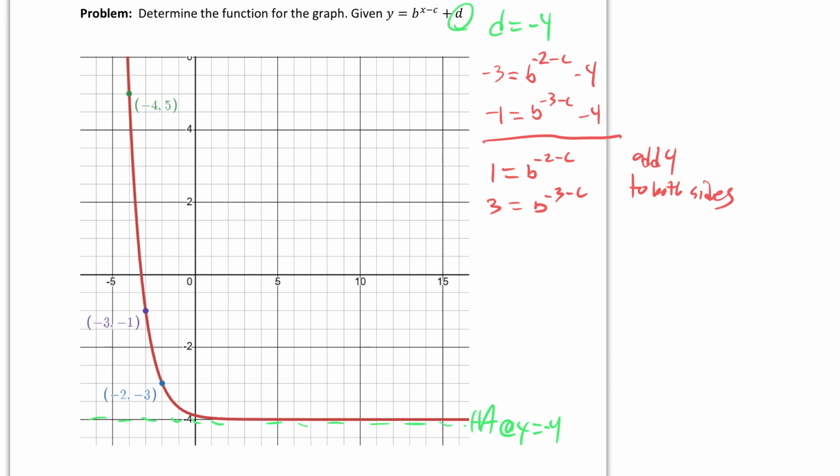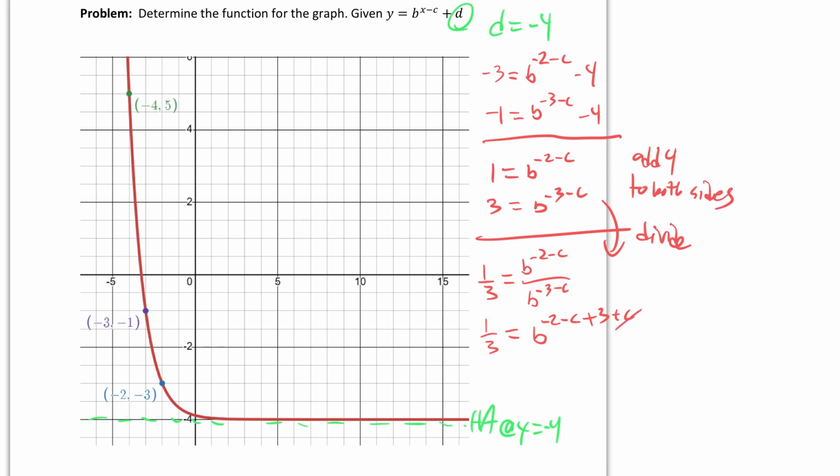So now we can divide the equations. So we'll get 1 divided by 3 is 1/3, b to the negative 2 minus c over b to the negative 3 minus c. So 1/3 equals b to the negative 2 minus c plus 3 plus c. Those c's cancel, and you get 1/3 equals b.